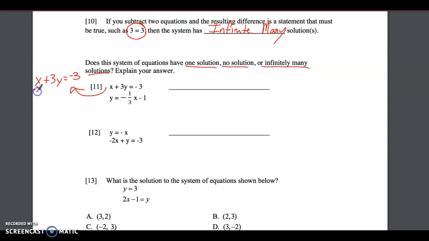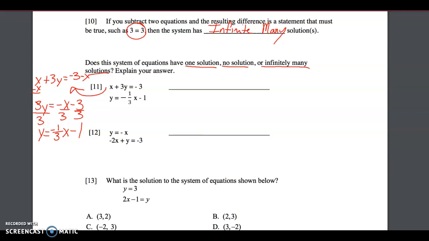So I want to minus x. That's going to leave me with 3y equals, I'm going to reverse my order, negative x minus 3. Divide by 3 all the way across. So we end up with y equals negative 1/3 x minus 1.